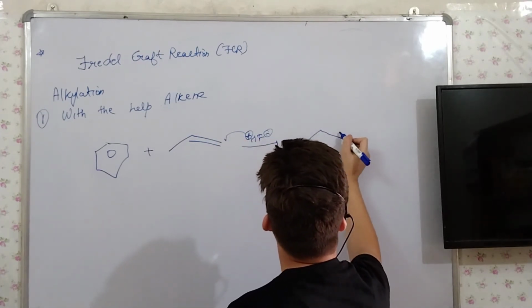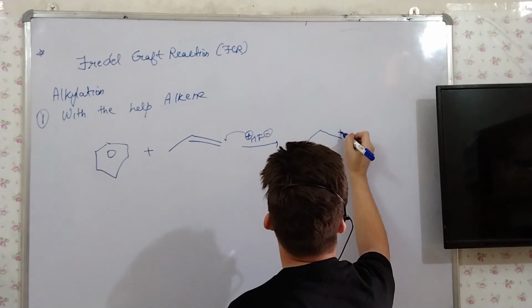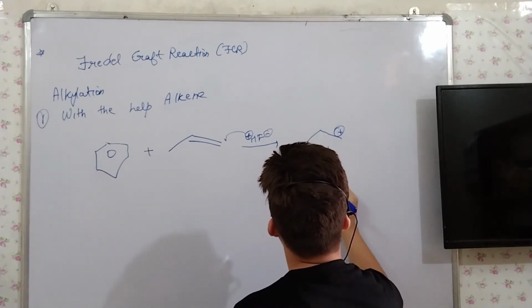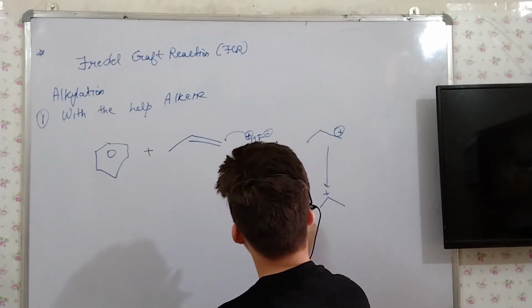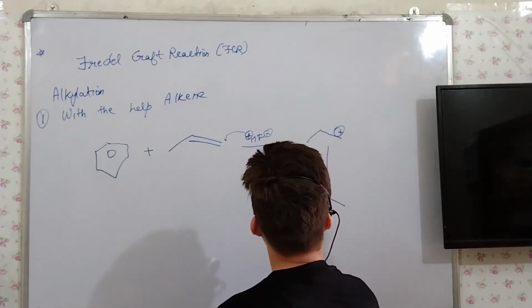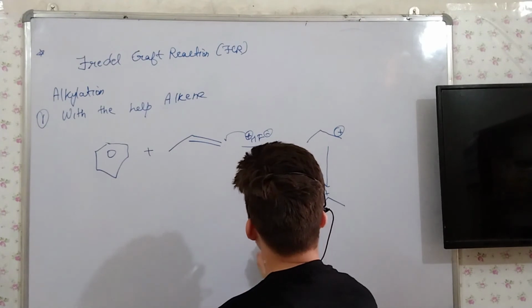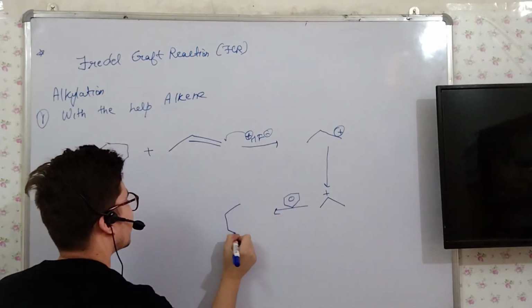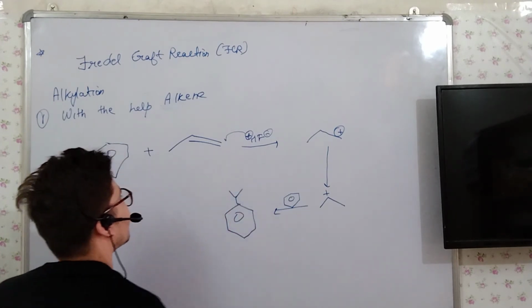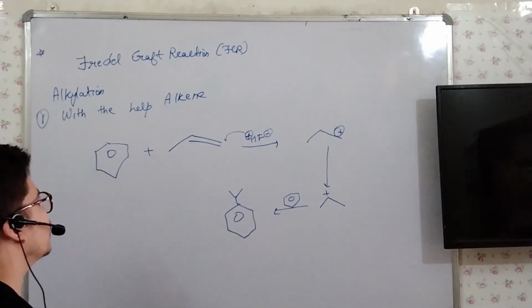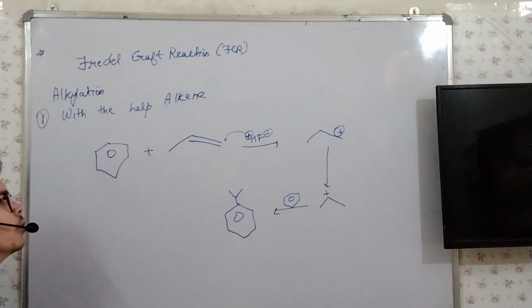The polarity will go here with minus and plus signs, and then this will rearrange and we will get this as the intermediate, and we will finally get the same product, isopropylbenzene. So the main thing is we have to do rearrangement in these reactions because a carbocation is formed.